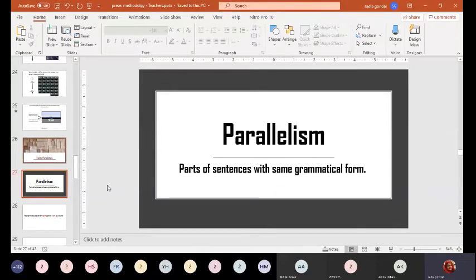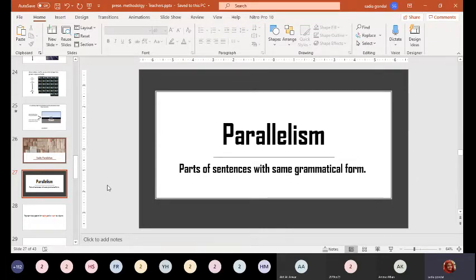Parallelism in writing means parts of sentences with the same grammatical form. Parts of sentences here means phrases and clauses, and parts of sentences are made with the help of verbs, nouns, objects; you all have an idea. Parts of speech or parts of sentences, right?